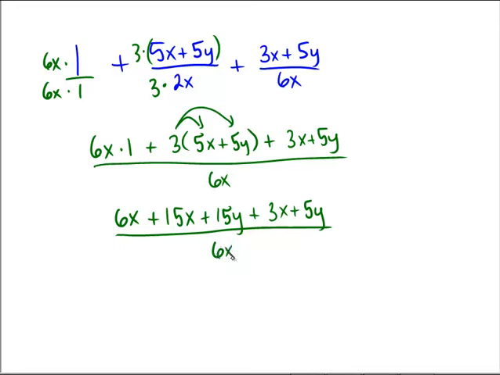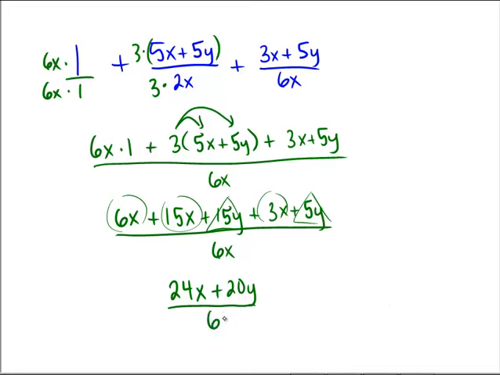And so our final answer will be to group 6 plus 15, which is 21. 21 plus 3 would be 24x. Then we have 15y and 5y. 15 and 5 is a total of 20y, and that's all over 6x. But this time we do have a little bit of reduction. 24, 20, and 6 are all even.